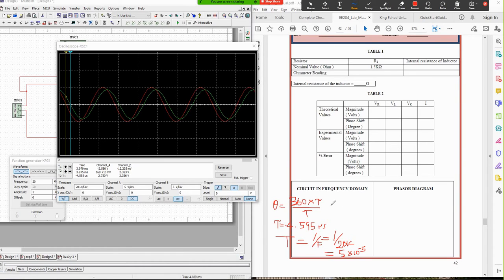So we can find the phase shift, which is the same thing as 360 multiplied by minus 4.595 microseconds divided by 5 times 10 to the power of minus 5.